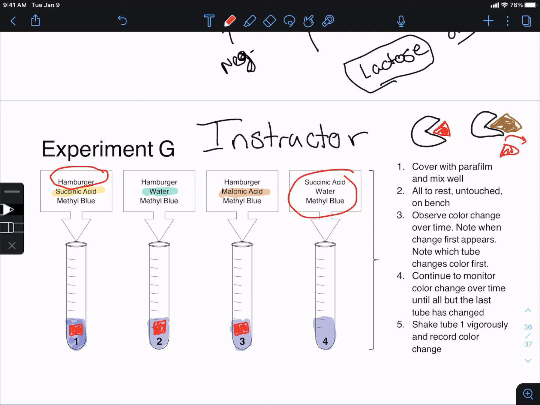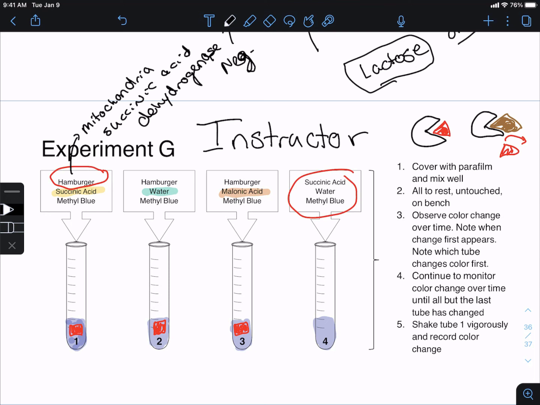So my hamburger is a source of mitochondria, and my mitochondria is a source of my enzyme, succinic acid dehydrogenase.